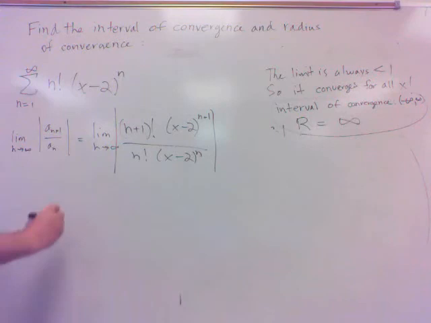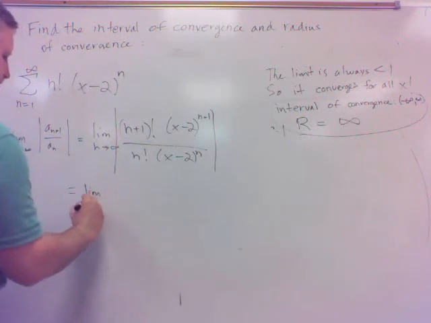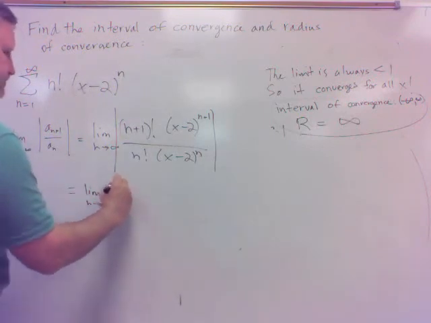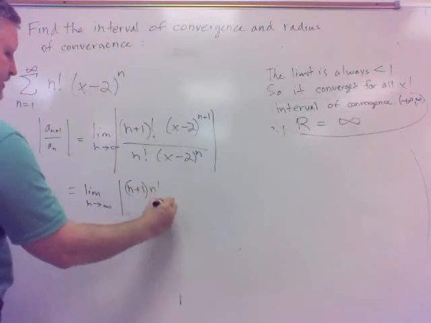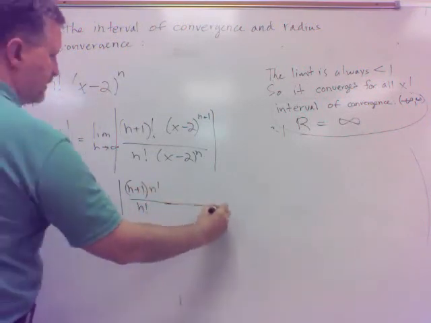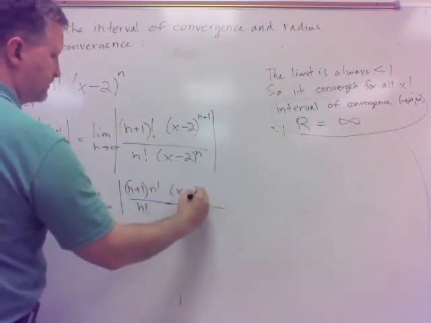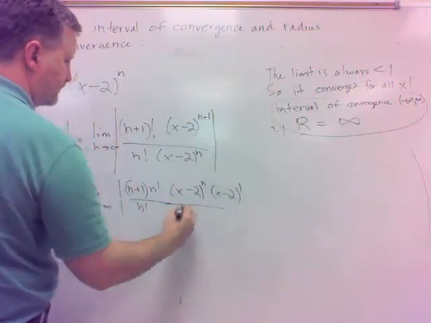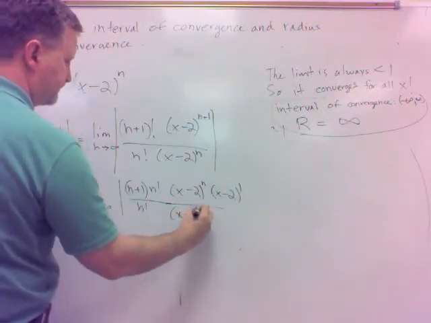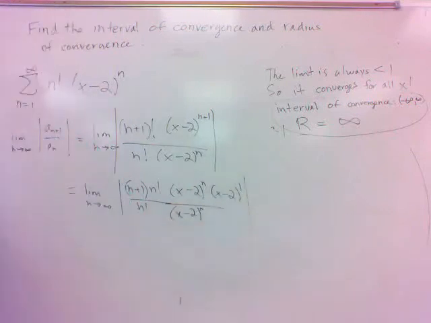We'll do our same tricks here. n plus 1 factorial is n plus 1 times n factorial. (x minus 2) to the n plus 1 is (x minus 2) to the n times (x minus 2) to the 1. What happens? Well, some nice things cancel.